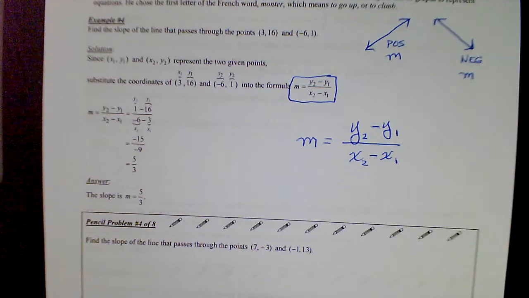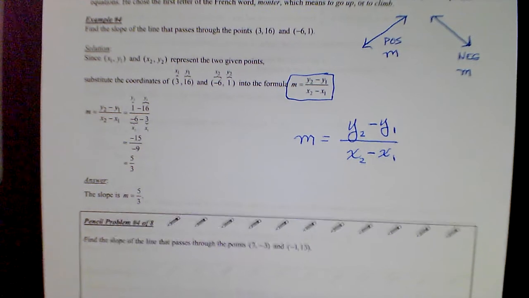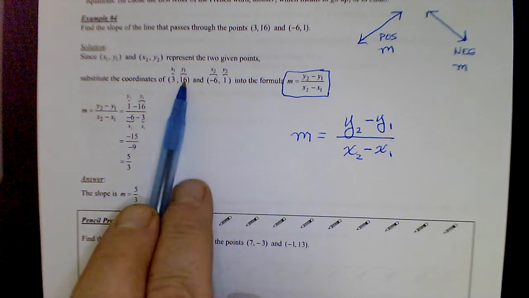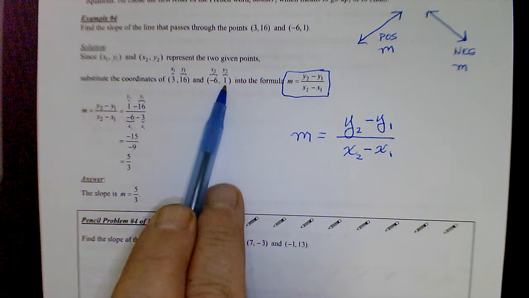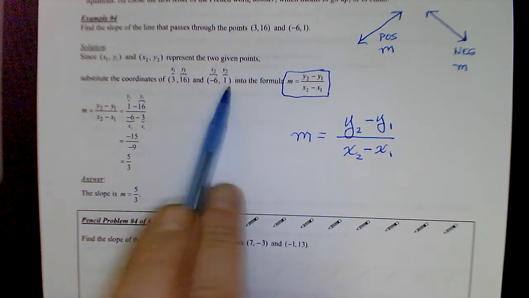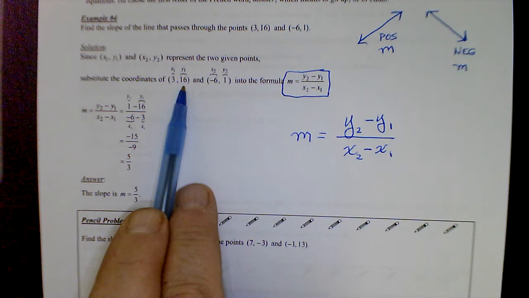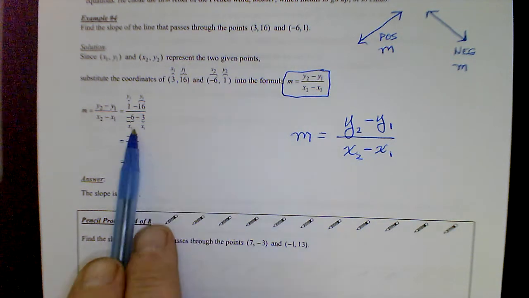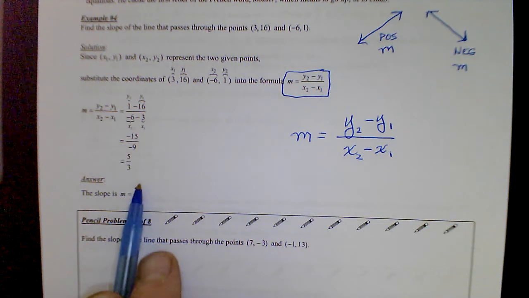Those subscripts are simply there to designate different values. And you can literally name the points x1, y1, and x2, y2, as we've done in this example. And it doesn't matter which one you pick is x1, y1, or x2, y2. Just be consistent. And then you just simply plug in the numbers into the formula and calculate your result.